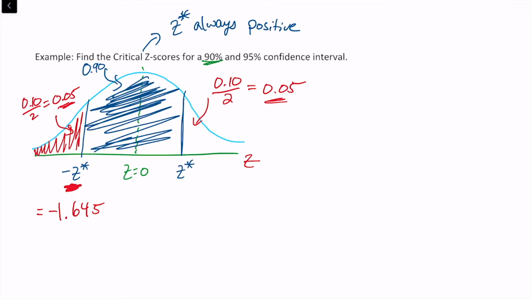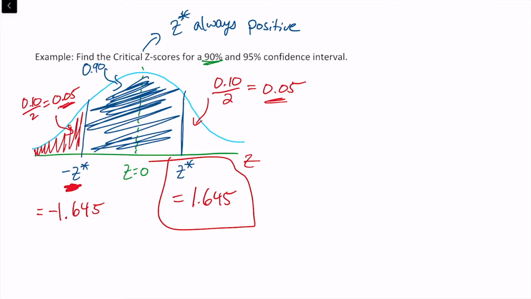That third digit of 5 means I'm going halfway in between negative 1.64 and negative 1.65. Okay? At least for a homework system, you'll be fine if you just use a negative 1.65 or a negative 1.64. But I just wanted to show you why most people use a negative 1.645. So that means by symmetry, our critical z-score is the positive 1.645. So there we go. So for a 90% confidence interval, if we want to calculate the margin of error, we should use a critical z-score of 1.645.